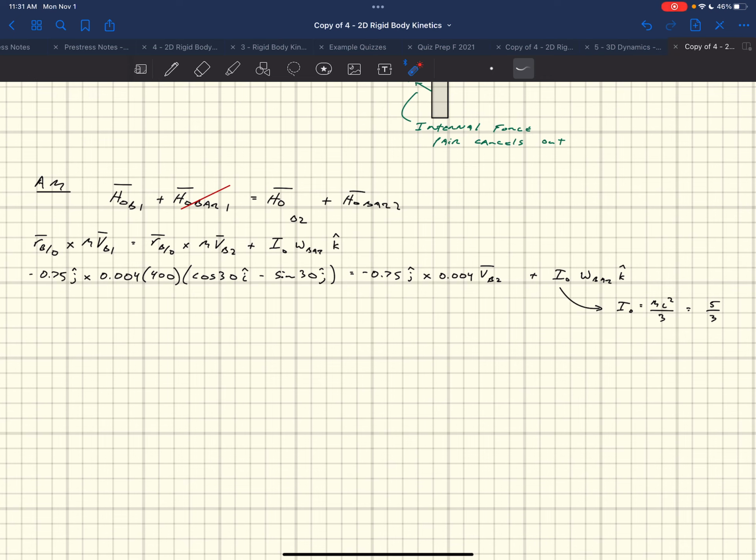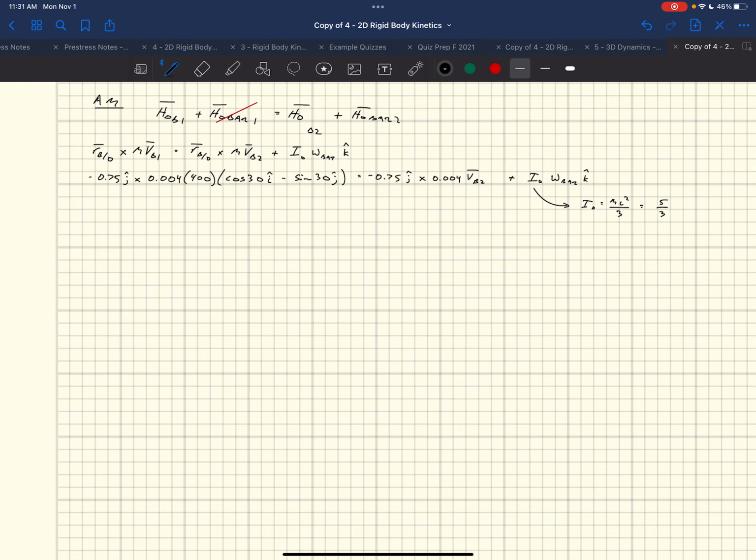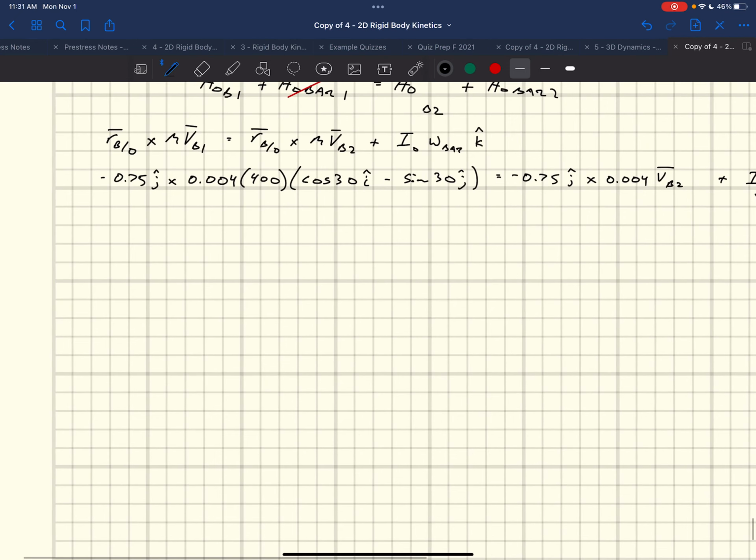So now I have to come back and relate how that guy moves compared to how that thing rotates. They're attached to each other, so I just do my kinematics. This is where kinematics come in. I think kinematics is step 3. Okay, kinematics.